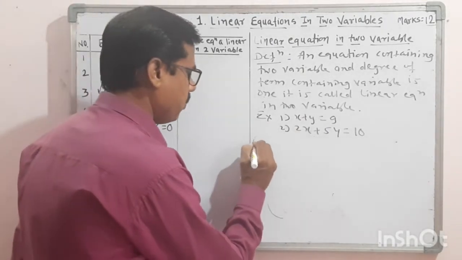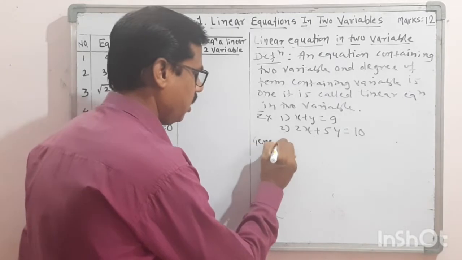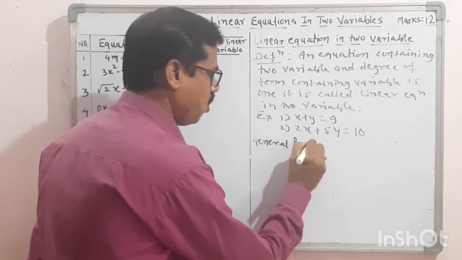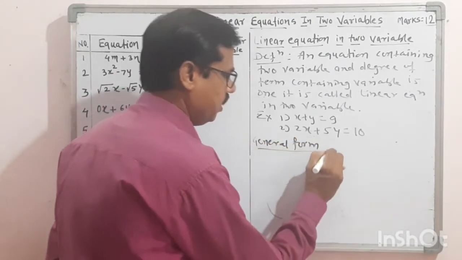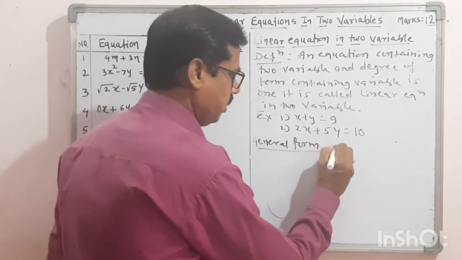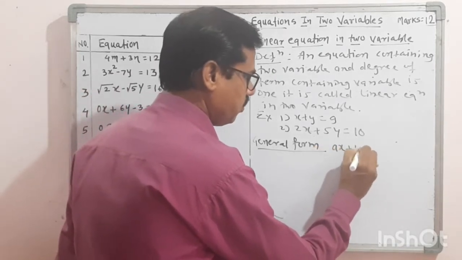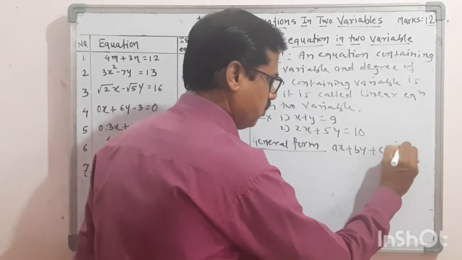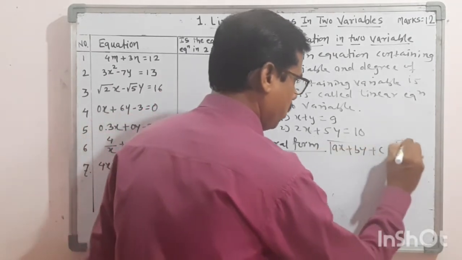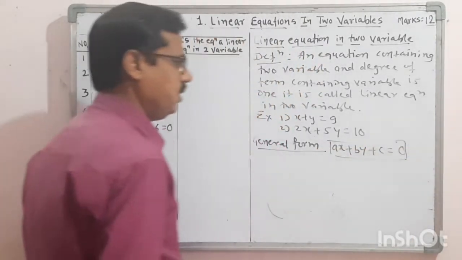What is the general form? General form of a linear equation in two variables is in this way: ax plus by plus c equal to 0. What are the conditions for that?